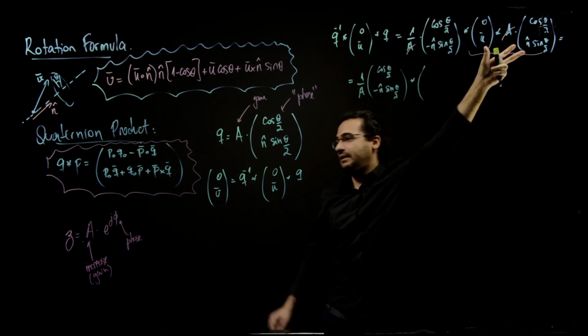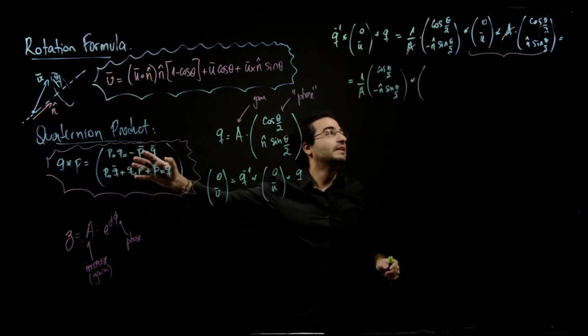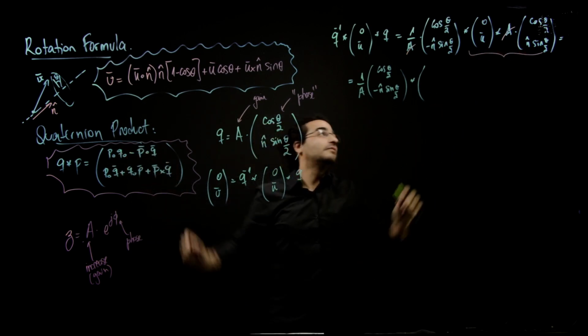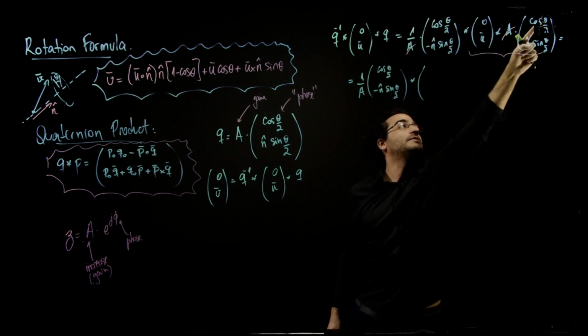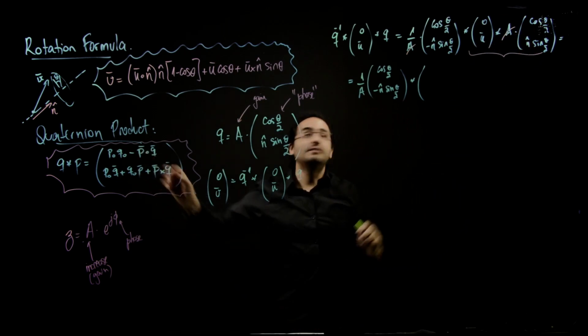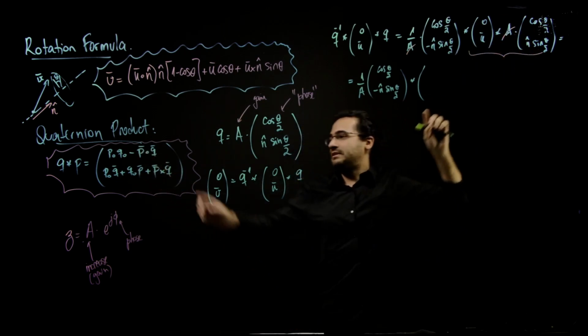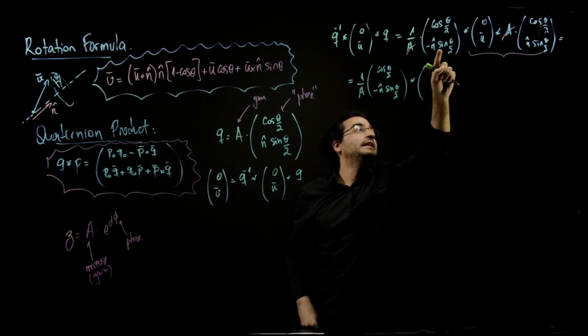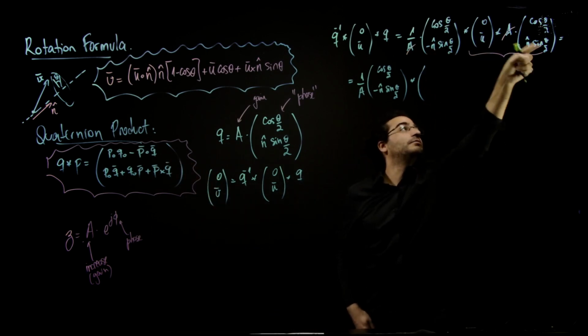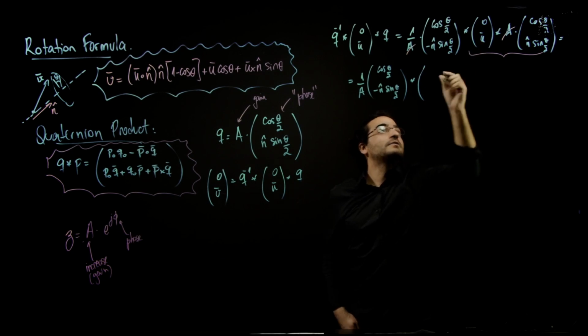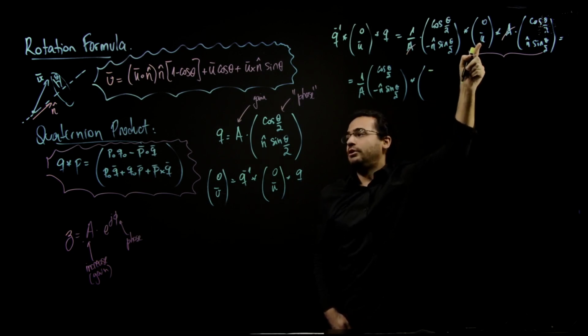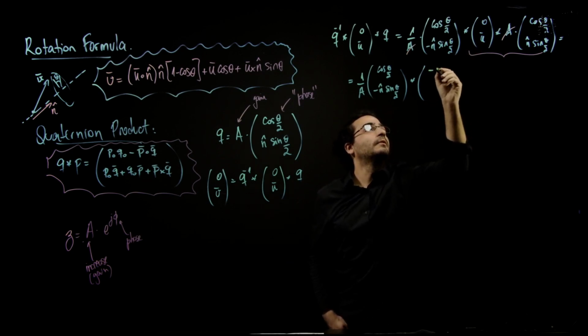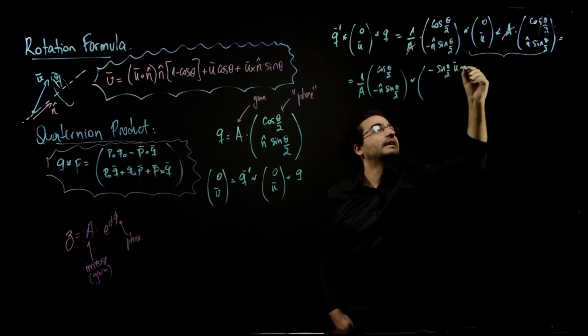And now we do this product over here. So notice that it is the product of the real parts, which is 0 times something. You get 0 minus the dot product of those two. So it's minus a dot product, meaning that we're doing products of those two. So it's minus sine of theta over 2, u dot product n.